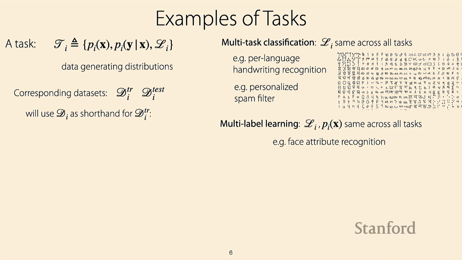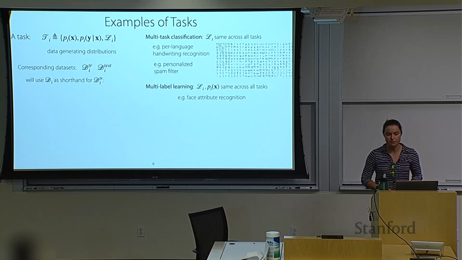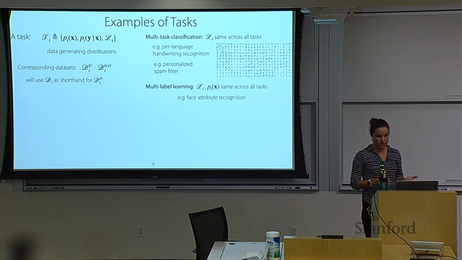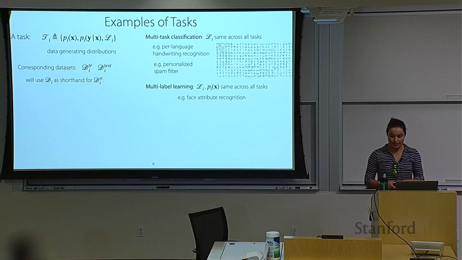Yeah? Would ImageNet qualify as multi-label learning because you have multiple different classes of things that you could predict on, and you should then simultaneously predict them? So the question was, can ImageNet be considered multi-label learning? And I guess the thing that really differentiates multi-label learning here and something like ImageNet classification is, at least the way that ImageNet classification is framed, there's only one label that is correct.